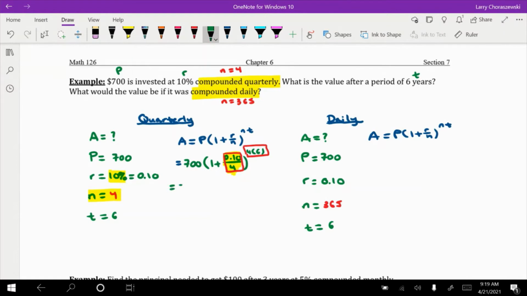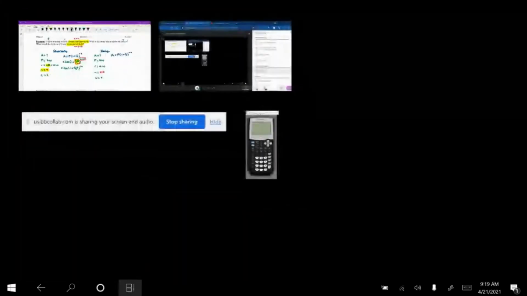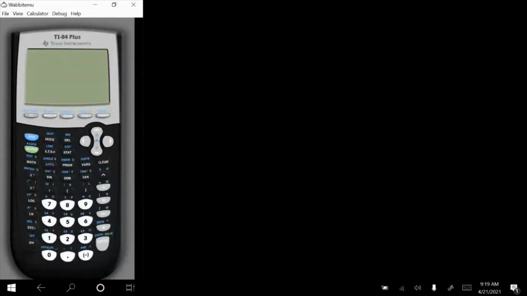Now I'm going to write one more line here before we get to our calculator. I'll still leave that as 0.10 over 4, but just to make it easier in the typing component, 4 times 6 is 24, so let's write that out. Let's go to our calculators. $700, parentheses, 1 plus, let's type in 0.10 divided by 4.